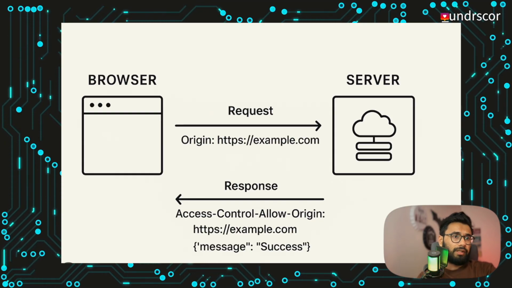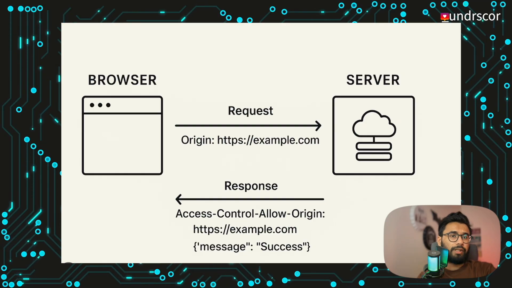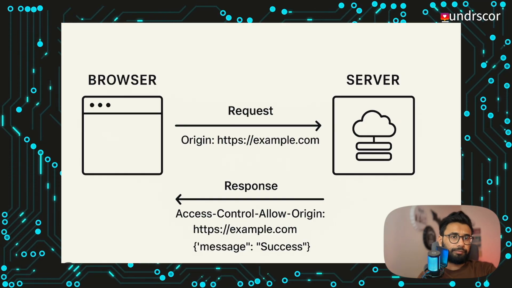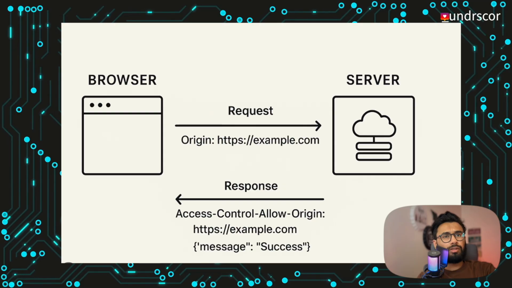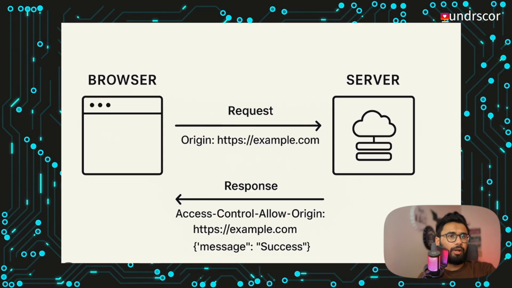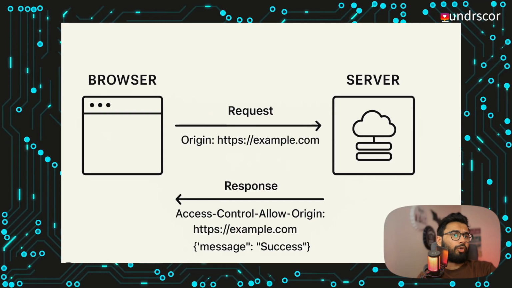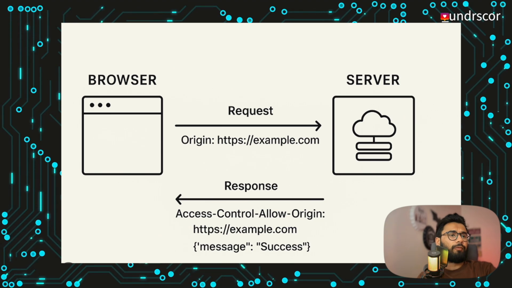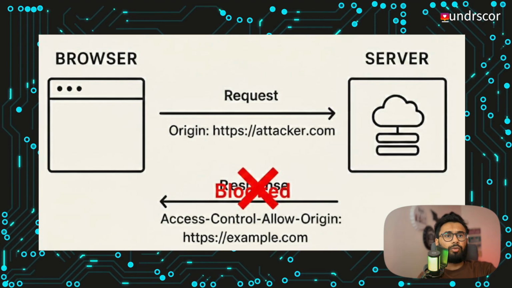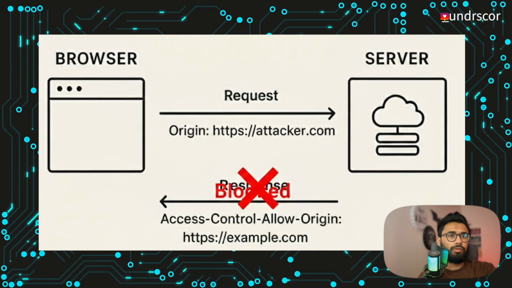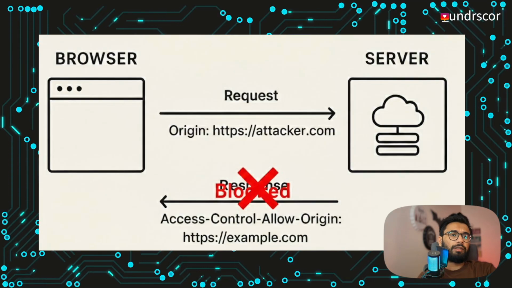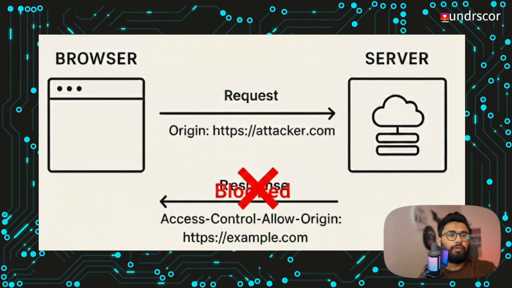If that header is missing, the browser blocks access to the response data. So CORS is enforced by the browser to protect users from other websites that are trying to read data that they should not. It is about controlling who can read from where.